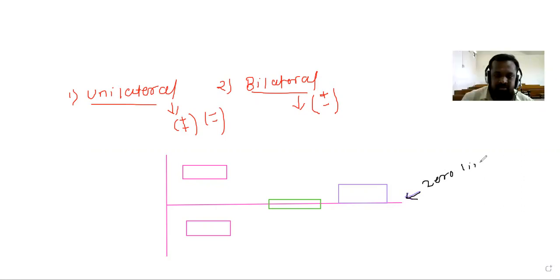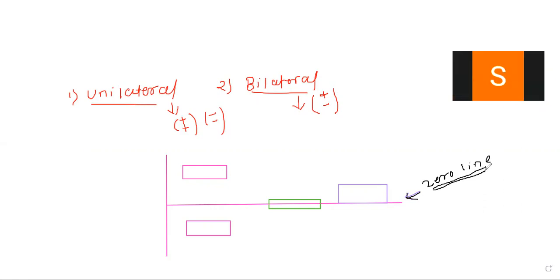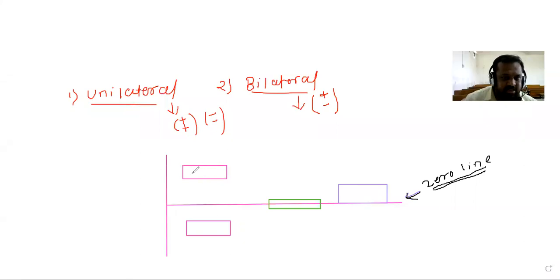Zero line means this line indicates the basic size, the exact basic size we can call it. Now see here, what is this? This indicates the tolerance zone. It is called the tolerance zone.